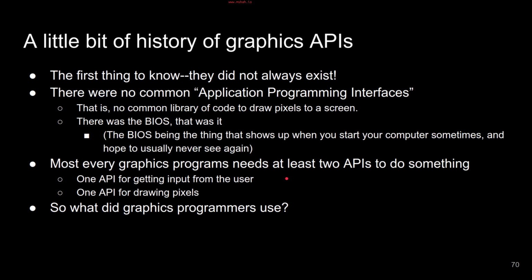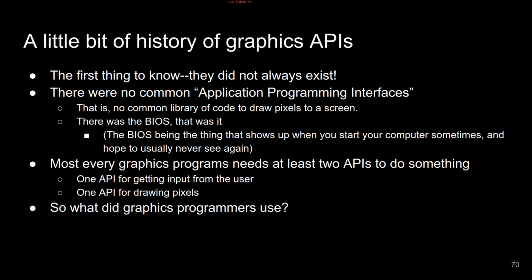Okay, so a little bit of a history of graphics APIs. The first thing to know is that they didn't always exist. Before OpenGL or Direct3D, DirectX, if you've heard of these things, or Apple's Metal or Vulkan or any of these, there wasn't a common library of code to draw pixels to the screen. So we're talking about the 1990s around this time.